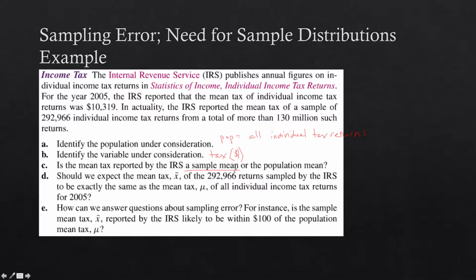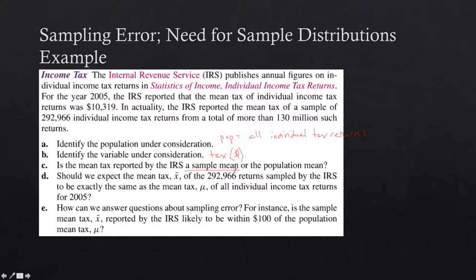Should we expect the mean tax, x bar, of the 292,966 to be exactly the same as the mean tax of all the individual returns?